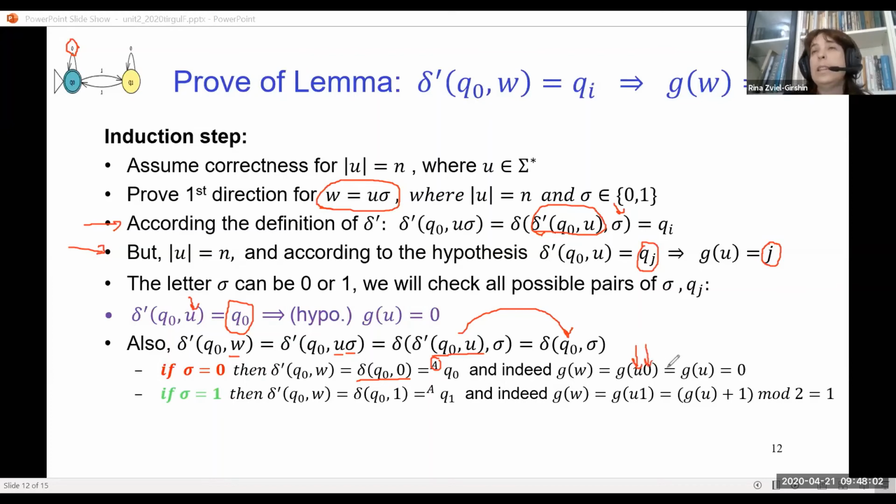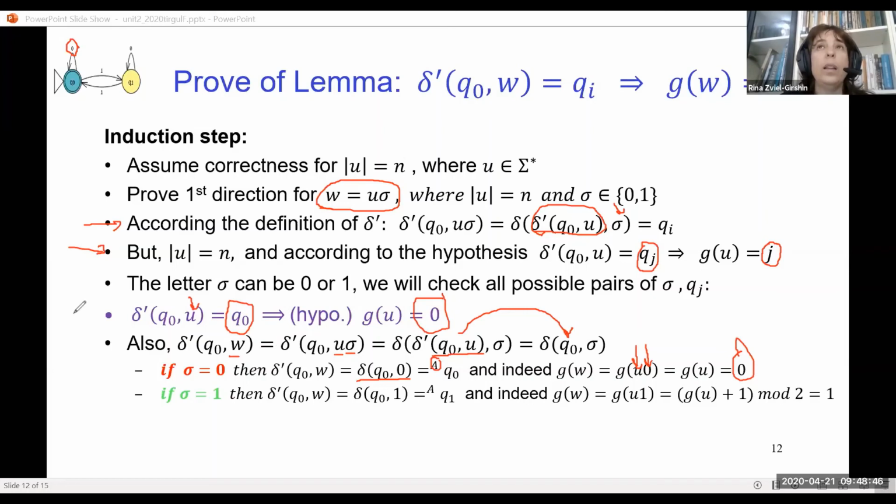That means, since I didn't add any ones, G of U0 is actually G of U, because I'm only interested in the number of ones in U. And if previously the number of ones in U was even, I'm indeed once again having an even number of ones, and the meaning of my function, the number of ones modulo 2, equals 0. Okay, we are still here.